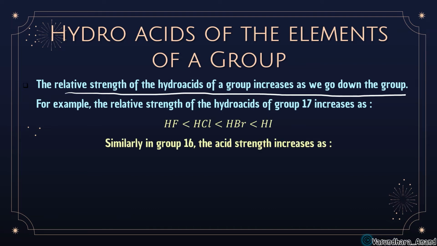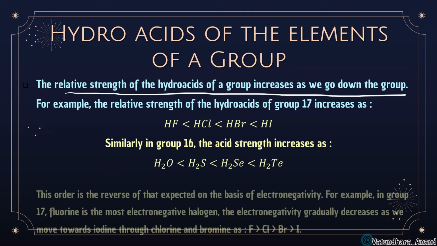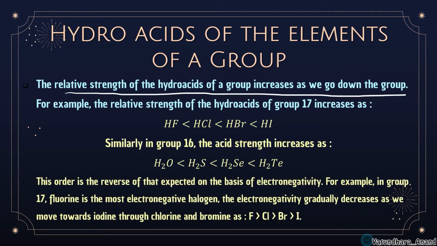Similarly, in group 16, the acidic strength increases as H2O is less than H2S, than H2Se, than H2Te. The reason is the same: atomic size increases and hence bond length increases, so bond dissociation enthalpy decreases and hence release of H plus becomes easy, consequently acidic strength increases. Yes, this order is reverse of that expected on the basis of electronegativity.